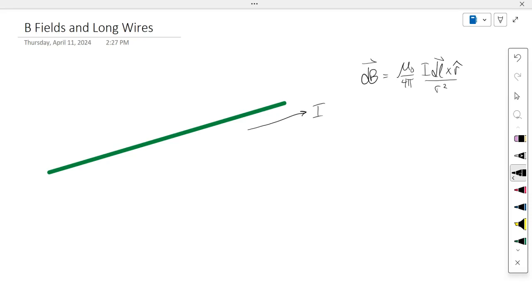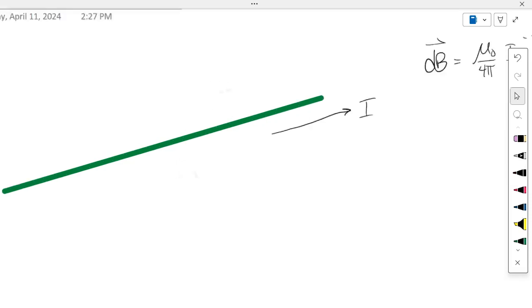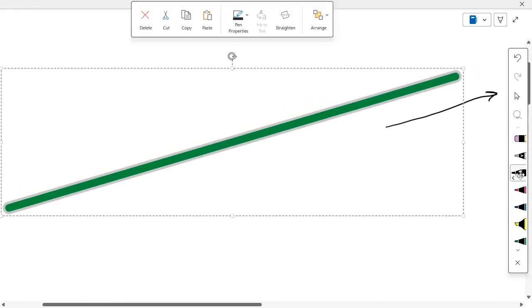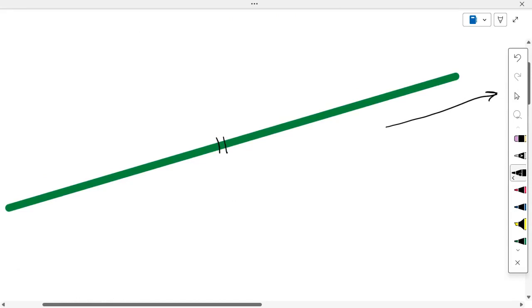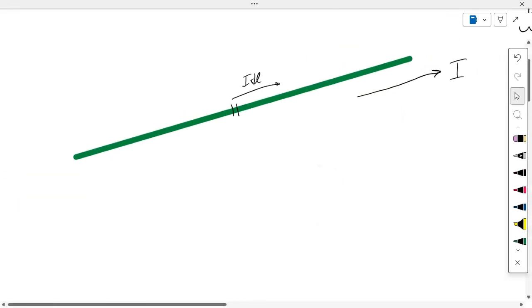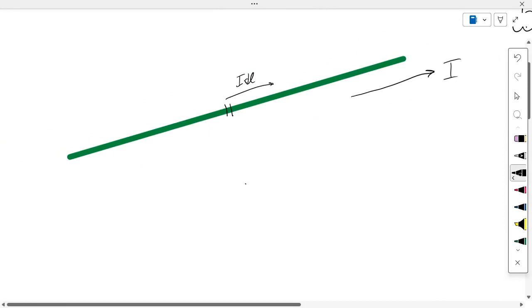If current is going that way, here is what can be referred to as a current element, I dL. At that location, here is an r hat unit vector that points in the direction of the r vector that locates our location of interest.